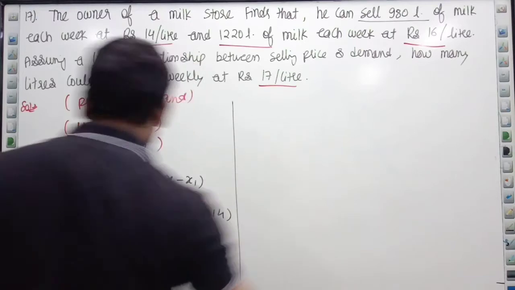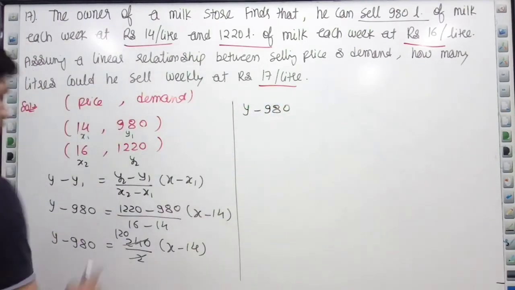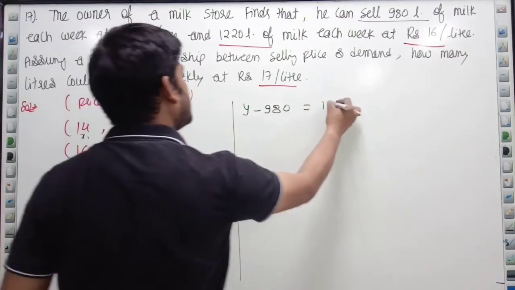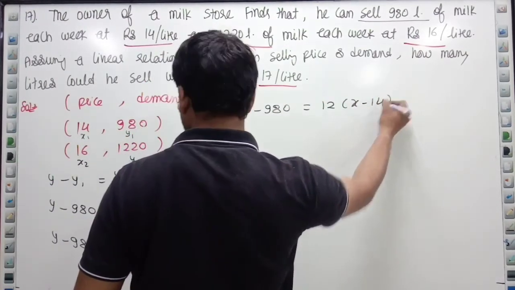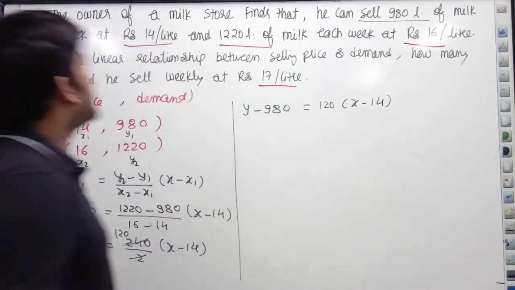So we have y − 980 = 120(x − 14). We can further simplify, but we don't need an equation, right?